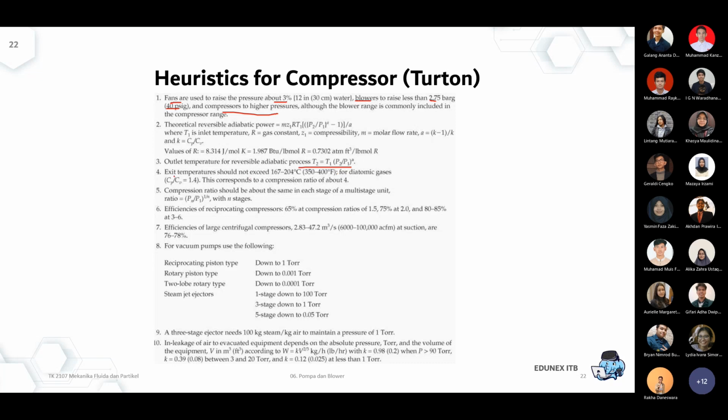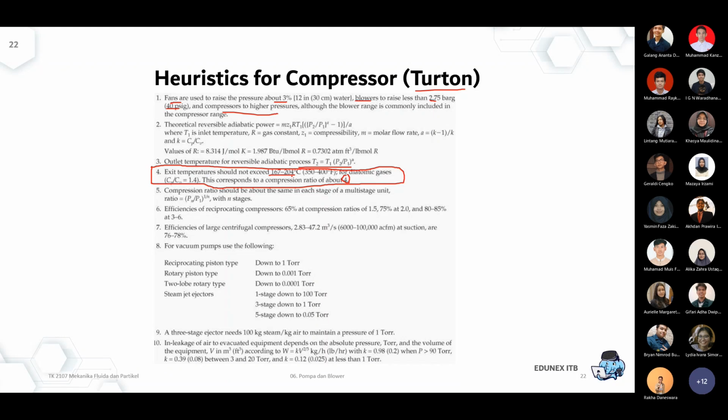This one I mentioned, just a confirmation that Turton uses a slightly different number. Instead of 3, they limit the compression ratio to 4. And when you limit at the higher compression ratio, of course you will expect a slightly hotter discharge temperature.